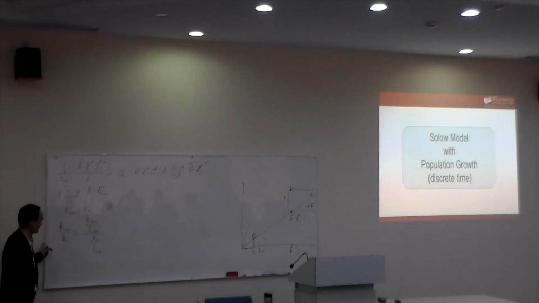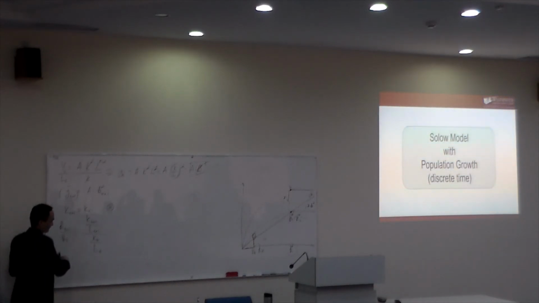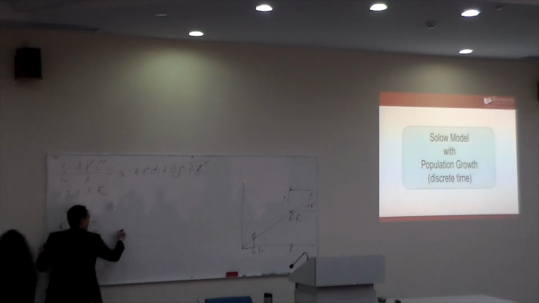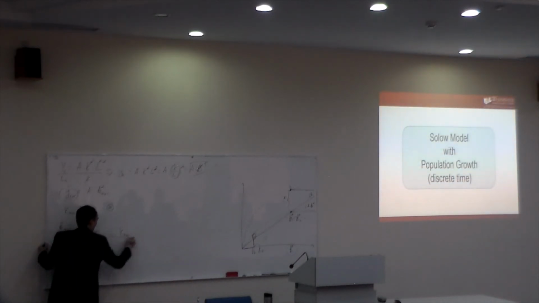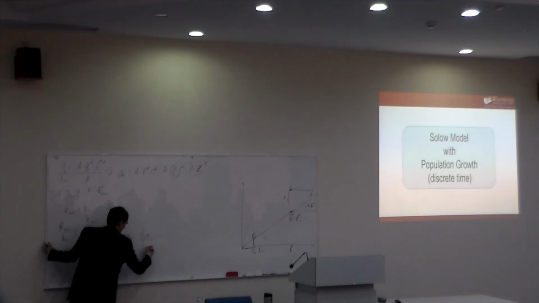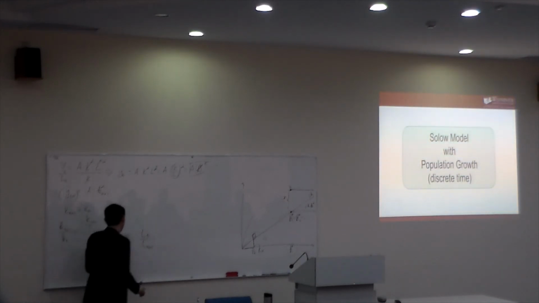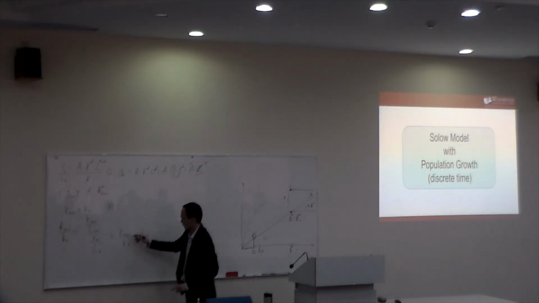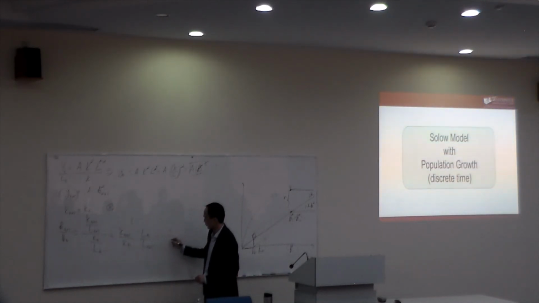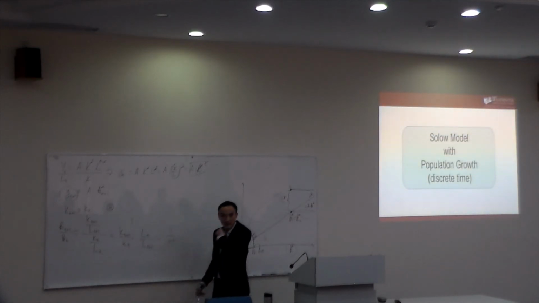Yeah? Okay, good. So now it is equal to capital stock t plus 1 over capital t times L t over L t plus 1. Yes? So now the capital ratio is equal to 1, and labor is growing by n, which gives 1 over 1 plus n, right?